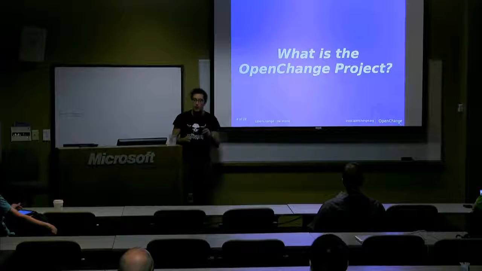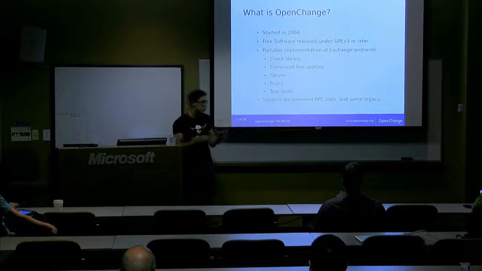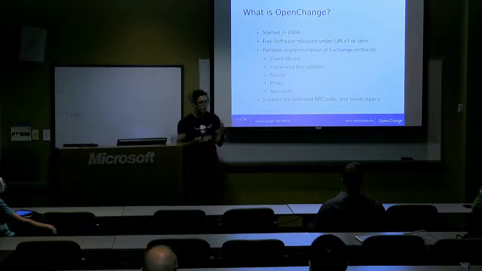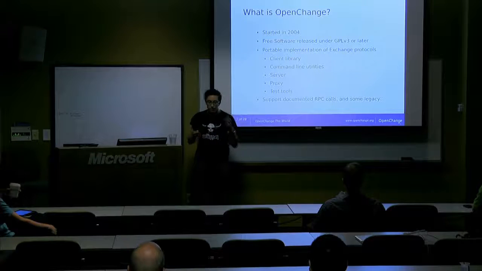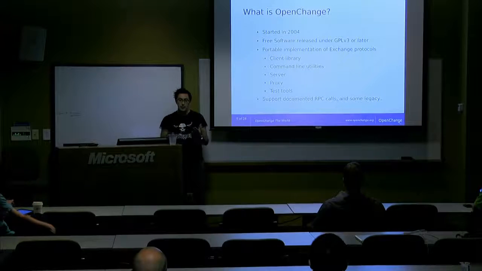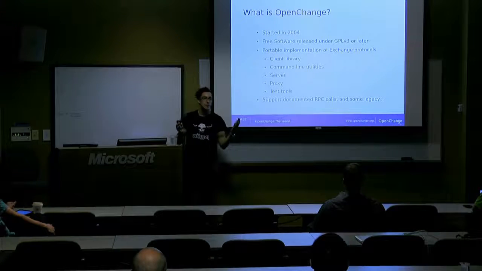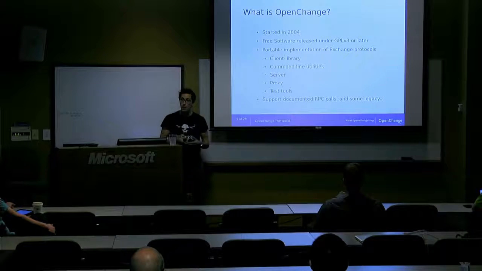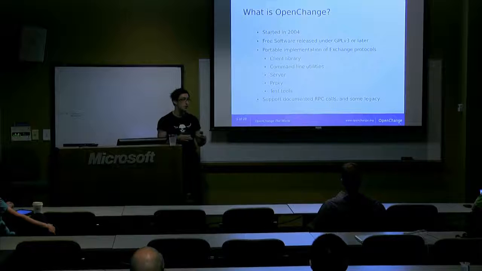So what is the OpenChange project? Because that is the stack on which the tool is built. It's a project started in 2004 that is going to implement the entire ecosystem of the Exchange landscape. So we have a client side, a MAPI library on which you can build applications.